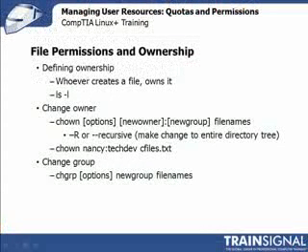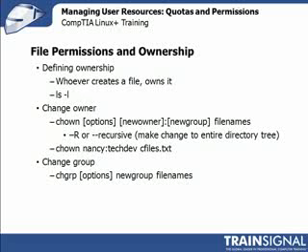If you want to change the ownership of a file, you use the chown command. Now only root can perform this operation, as you could imagine the chaos that would ensue if any user could change the ownership of other users' files. The syntax is chown space options space new owner:new group space file names. You'll probably very rarely use any of the options, which you can review on the chown man page.